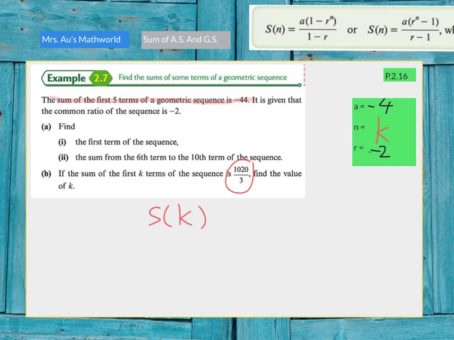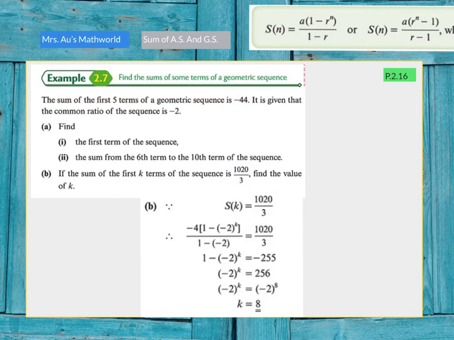The sum of the first k terms of the sequence, and the other keyword is "is". When you see "is", you must write equals, no other choice, and then write down the value. After that, solve it to get the answer.